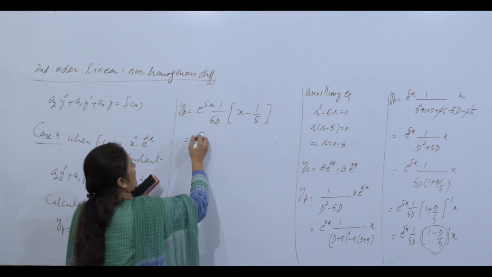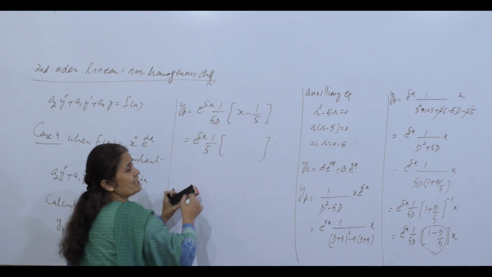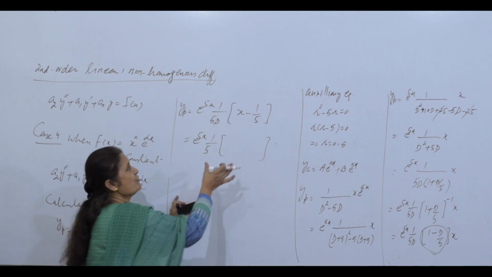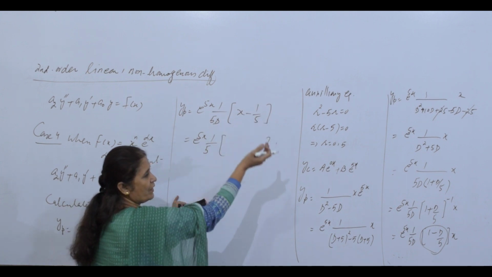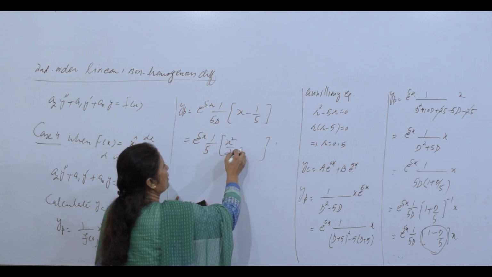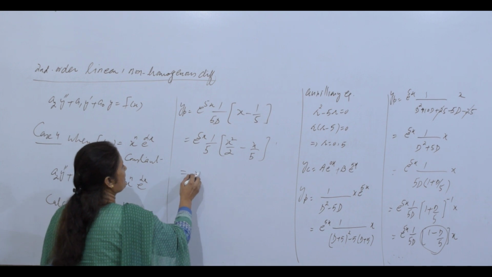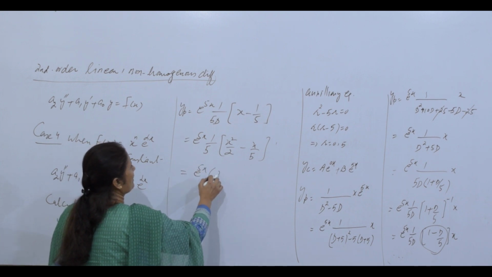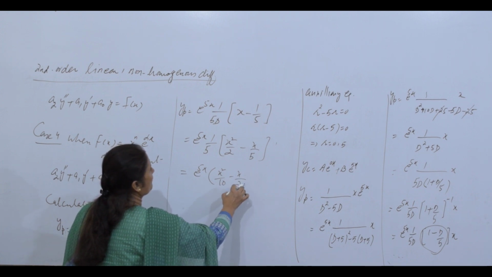Now e^(5x) times 1 over D, meaning you have to integrate these two terms. If capital D is differentiation, 1 over D is integration. Integral of x is x squared by 2 minus x by 5. So you can write e^(5x) times x squared by 10 minus x by 25.